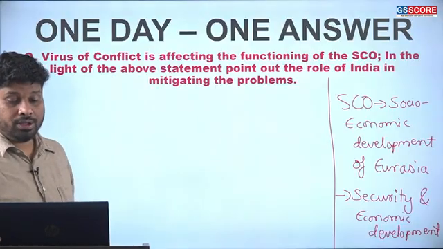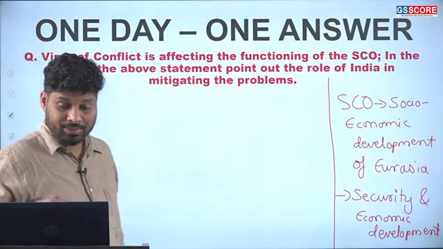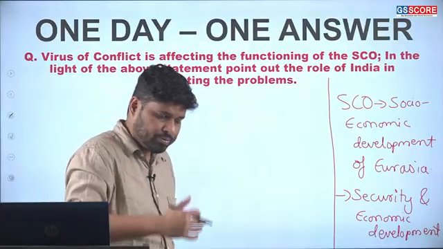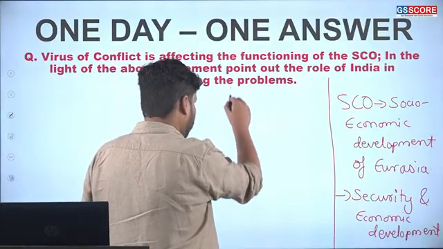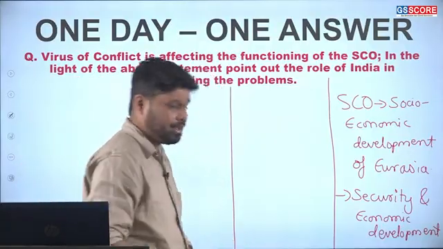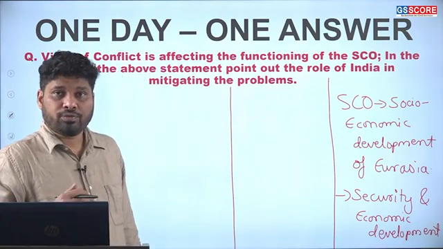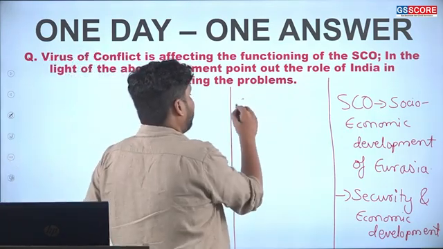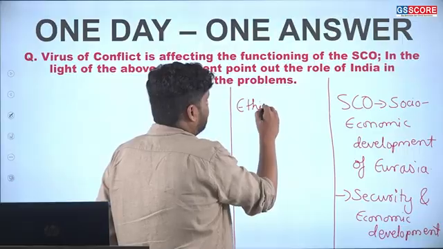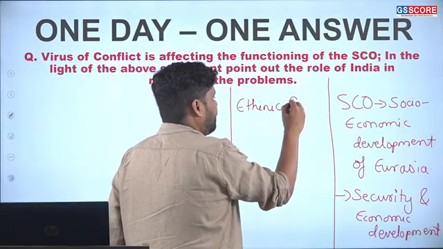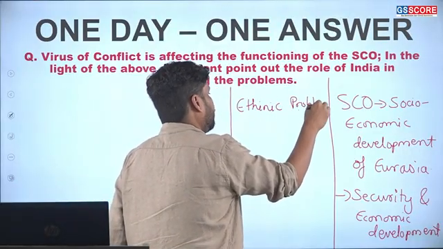In the main body of the answer, you have to specifically mention what the disputes between the countries are and which countries those are. First will be with respect to ethnic problems within the organization.